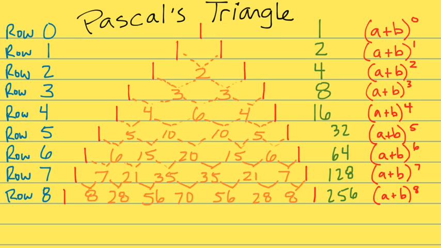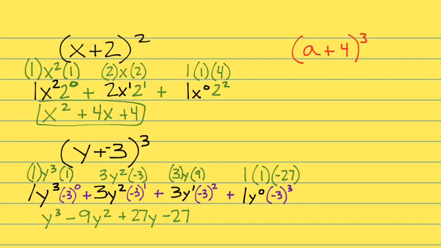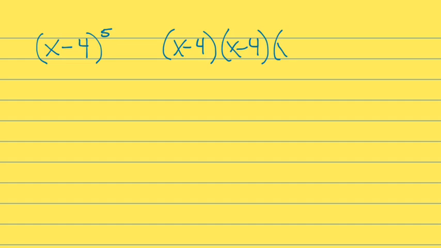And here is why we would use it when we're talking about binomial expansion, when we're multiplying binomials together. Okay? And so let's go ahead and make a new slide here. All right. So let's say I had (x - 4) to the 5th power. You could, if you wanted to, write out (x - 4), (x - 4), (x - 4), (x - 4), and (x - 4).